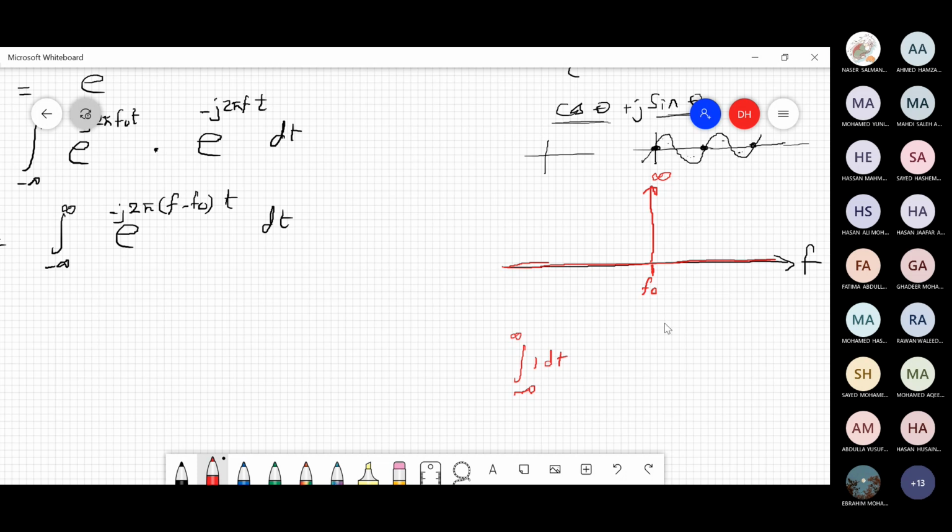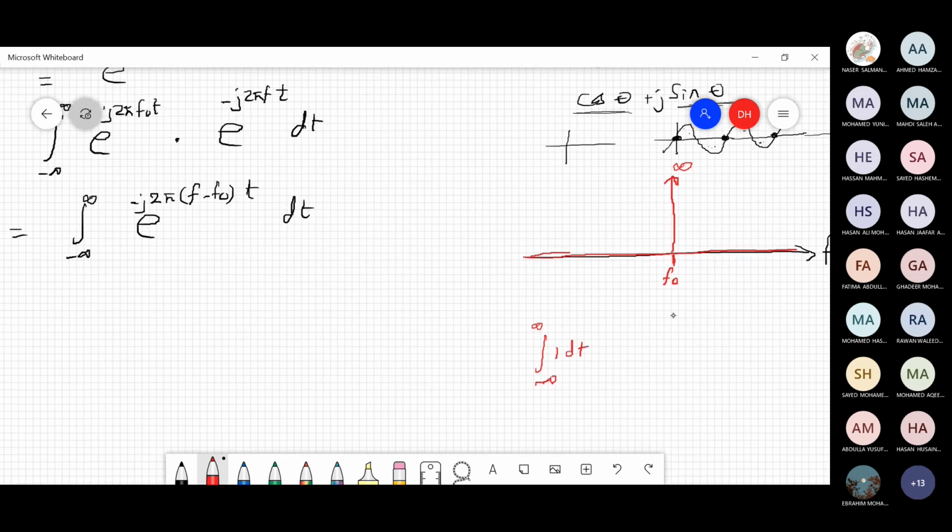Then what is this? This is the delta. So this is equal to delta of f minus f naught, because it is a function of f, equal to 0 everywhere except at f naught. That's all.